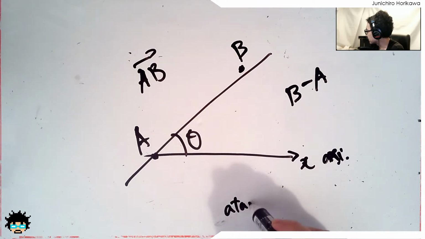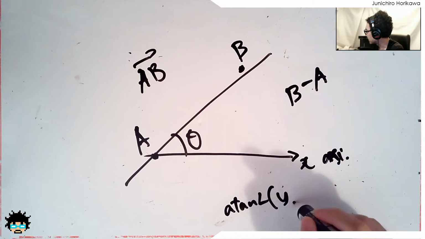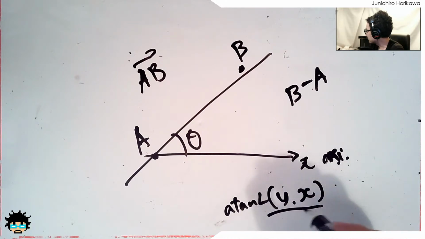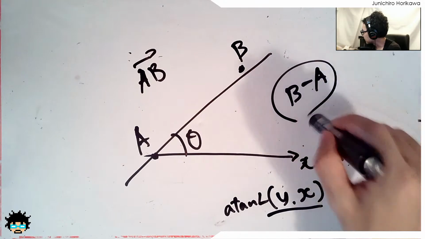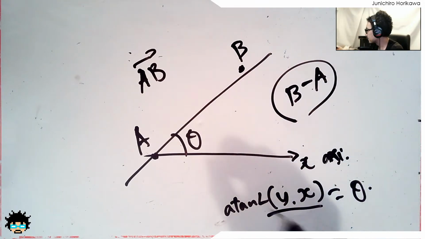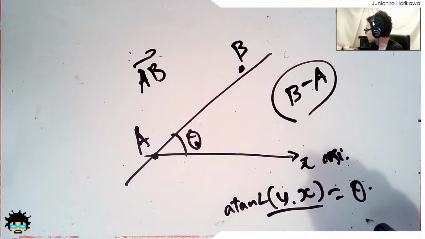By using atan2, you have two parameters, y and x. Inputting the y and x values of this vector will give you an angle, this one, as a radians value.